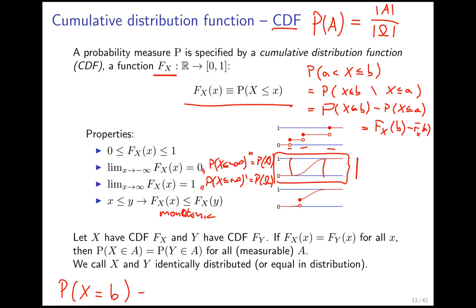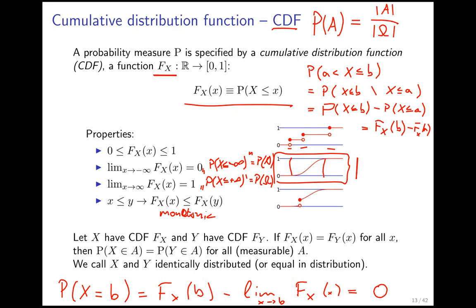Maybe you can think of it yourselves why this is the case, but you can calculate this as F_X(b) minus the limit of x to b of F_X(x). And because this is continuous, this limit is actually equal to F_X(b), and that's 0.